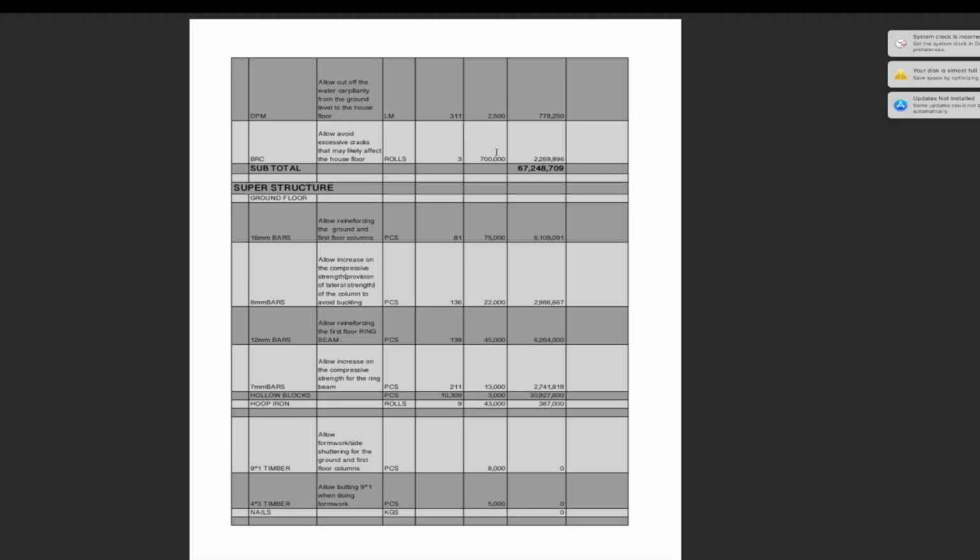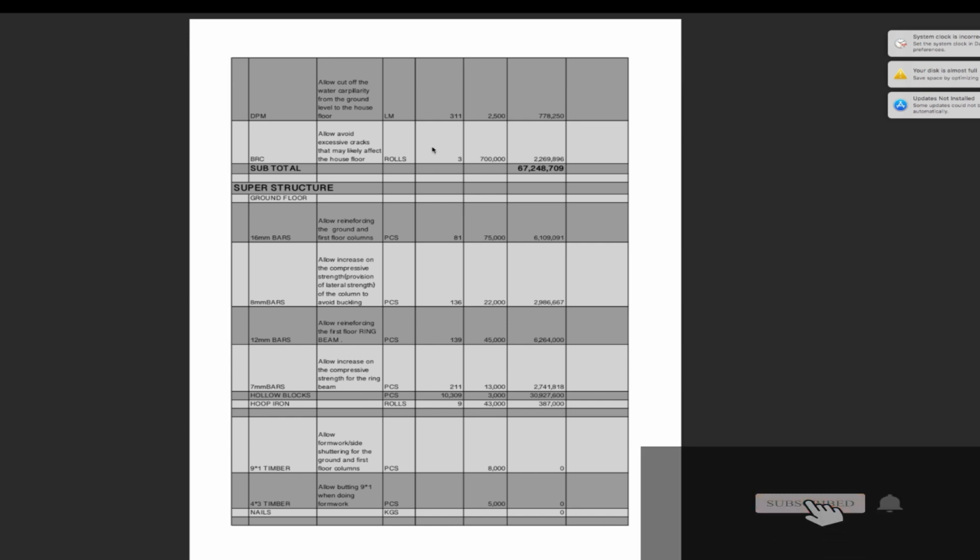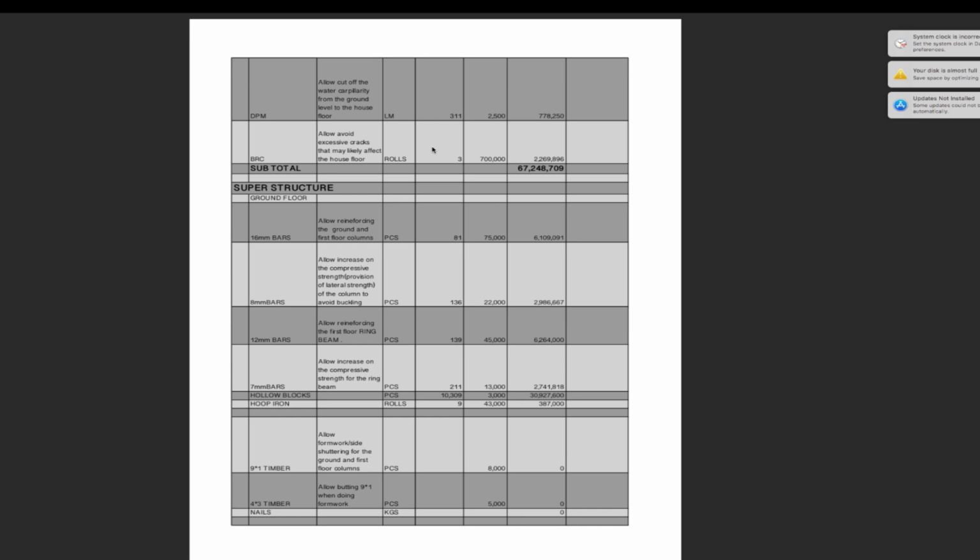Each roll cost us 700,000 shillings, and that cost us 2,269,800 shillings.